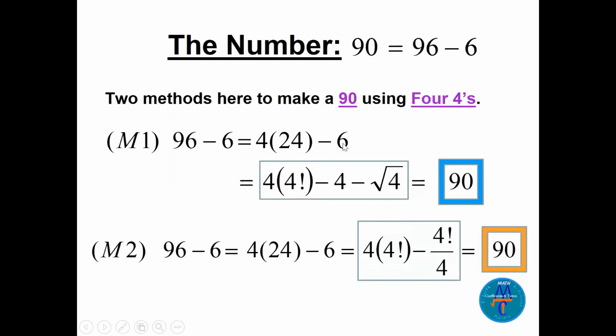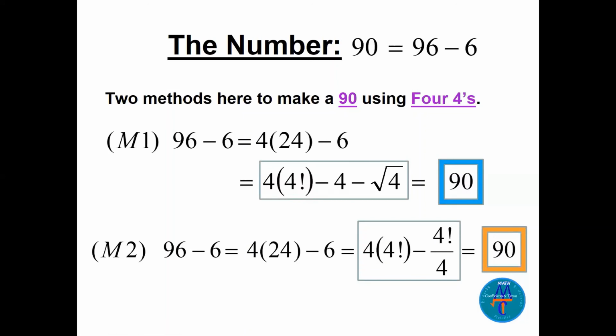See the 6, I can break it down into 4 plus 2. Since we have a minus, so it will be minus 4 minus 2. That's minus 6. See, be careful here, you have to put the minus. Minus 4 minus 2 is equal minus 6.